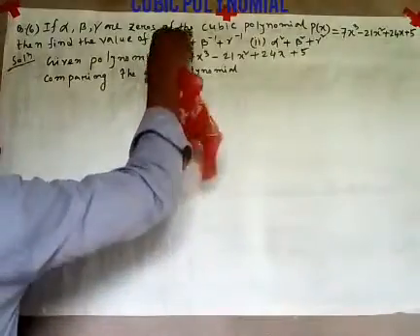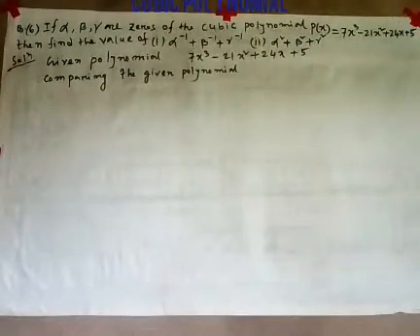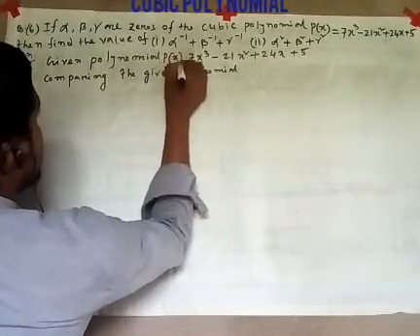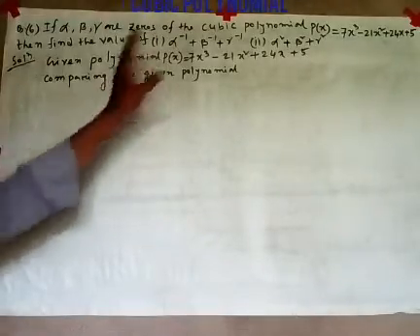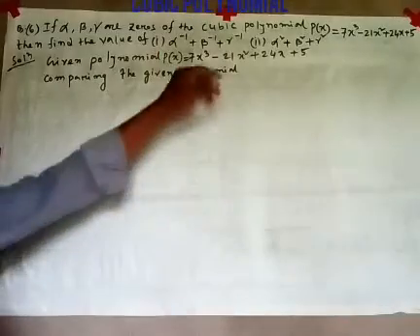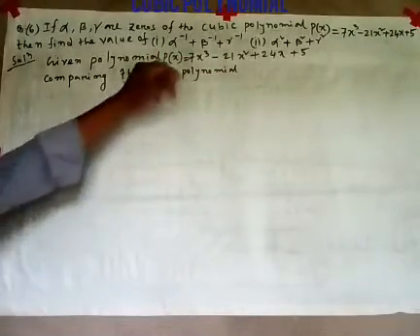One thing is there. You can see p(x) equal to 7x cube minus 21x square plus 24x plus 5. p(x) means function of x. This polynomial is made by this x cube, that's why it is a function of x.